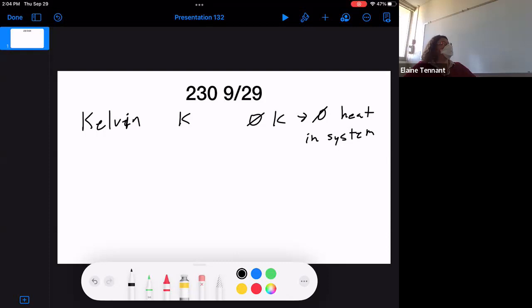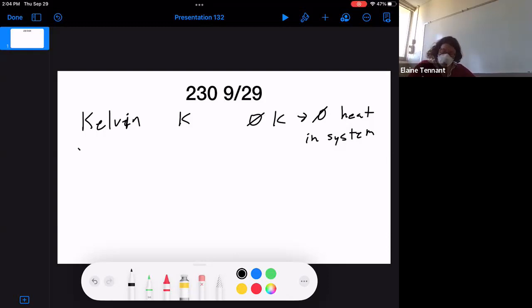And it's a safe set of units, because no matter what you're doing, if you do the calculations in Kelvin, you'll be okay. So very safe. What's the next one? Celsius.